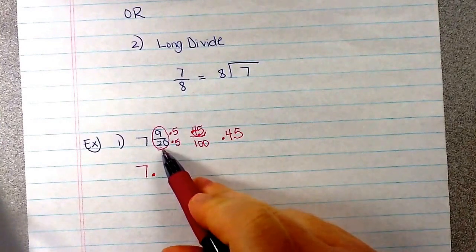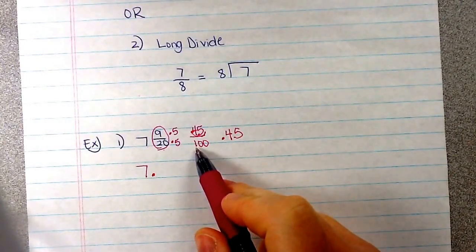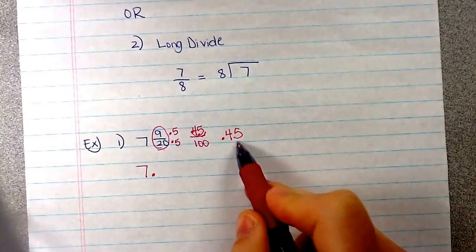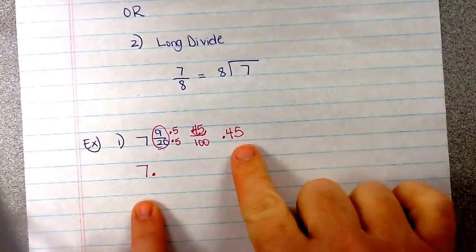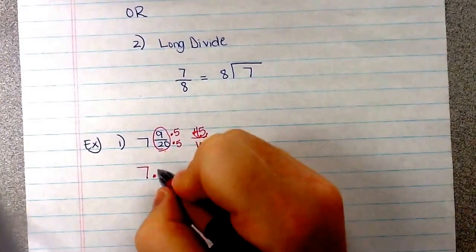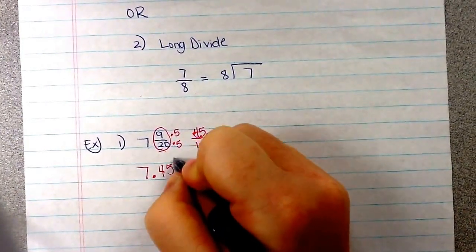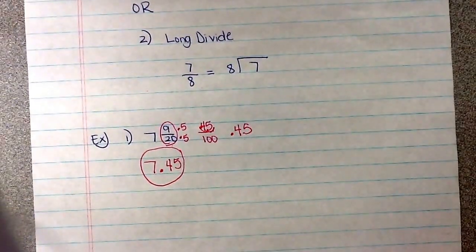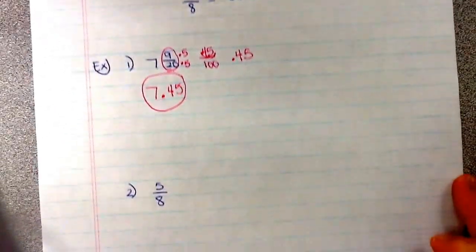If I can get it over 10 or 100, I got it over 100, 2 zeros, once, twice, 0.45. Go ahead, put these two pieces together, 7.45. 7 and 9/20 is the same as 7.45. That was the shortcut method.